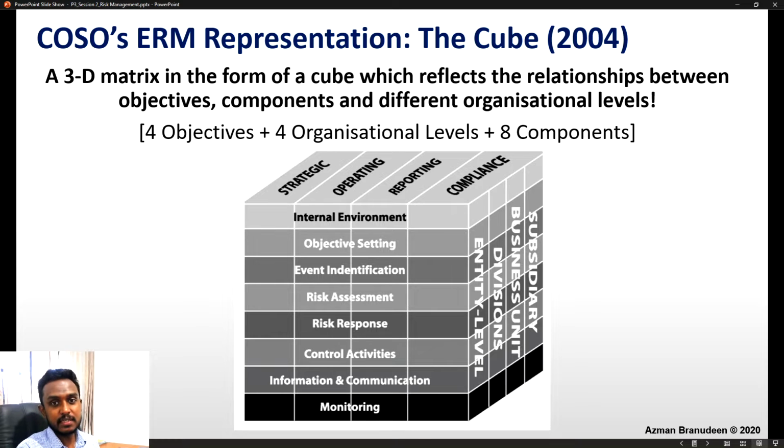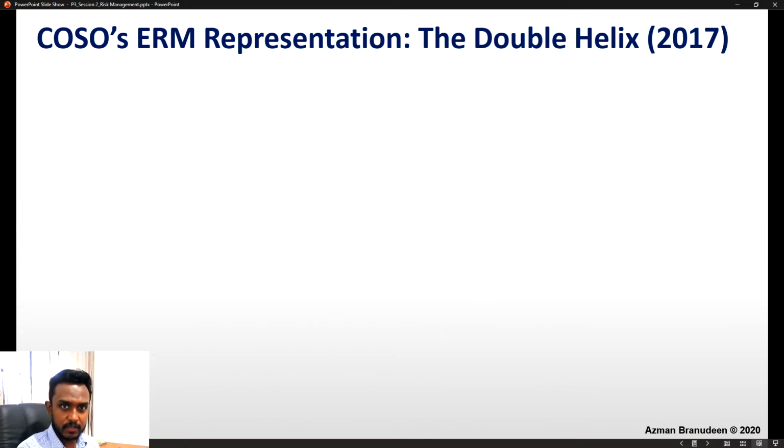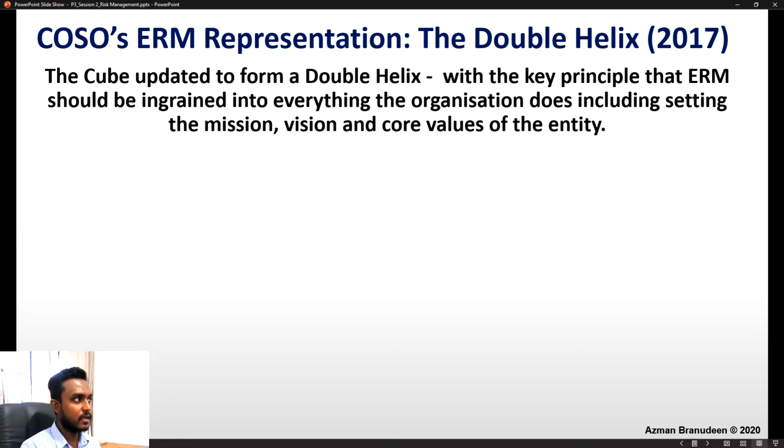That's what ERM says. However, COSO updated its ERM framework, the cube, to a double helix, the DNA format, in 2017. The updated framework carries the key principle that ERM should be ingrained into everything the organization does, including setting the mission, vision, and the core values of the entity.